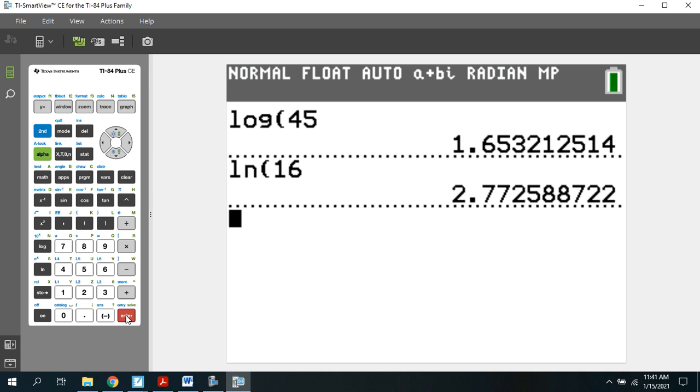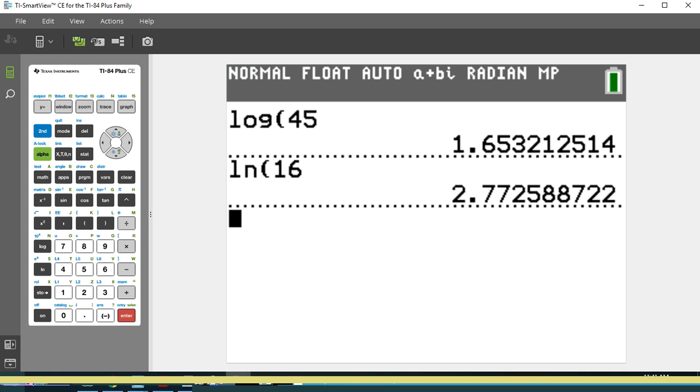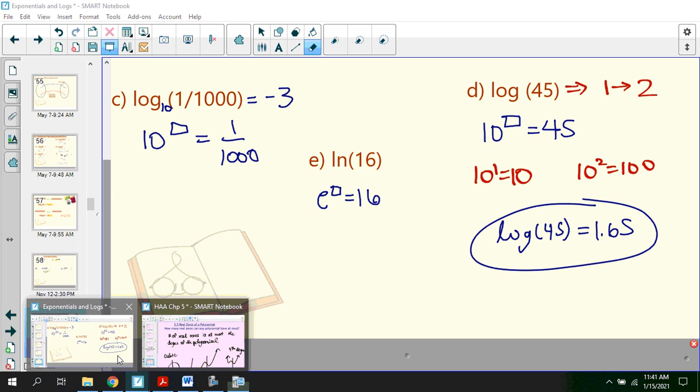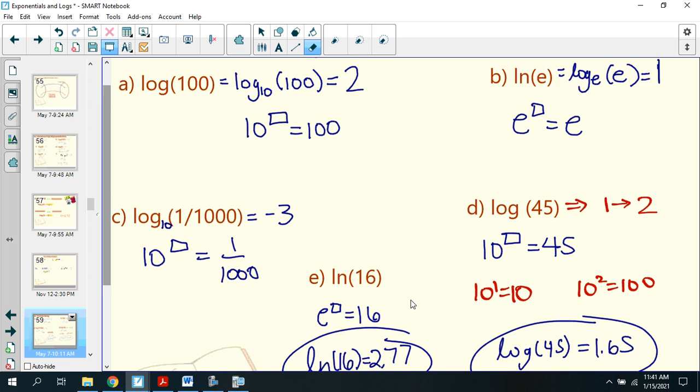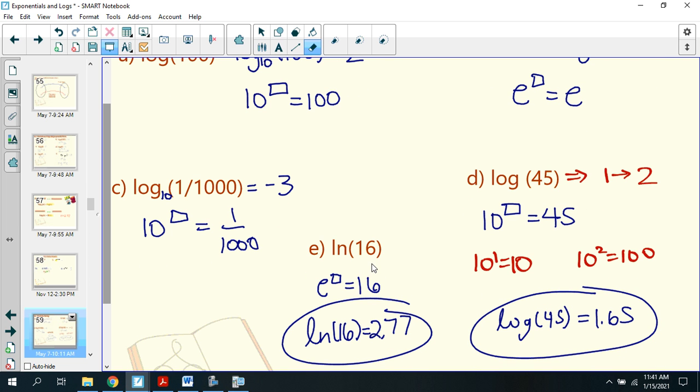And then I get 2.77. You'll notice most of these I could do in my head, but not all of them. So if you're doing a log of base e or base 10, you have your calculator to use for that.